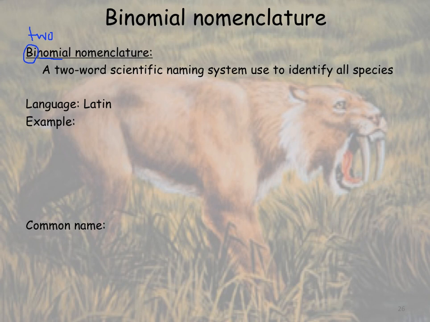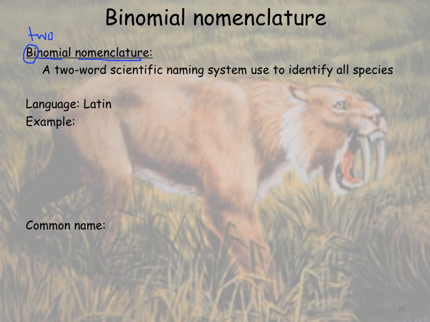So binomial literally means two names, and then the word nomenclature just means naming system. So binomial nomenclature literally means two-word naming system.